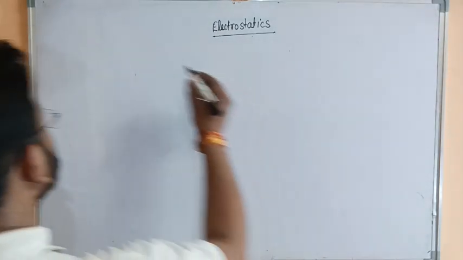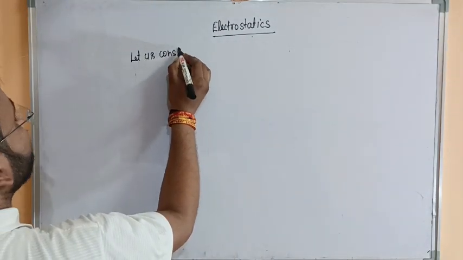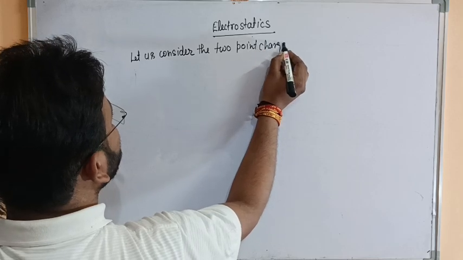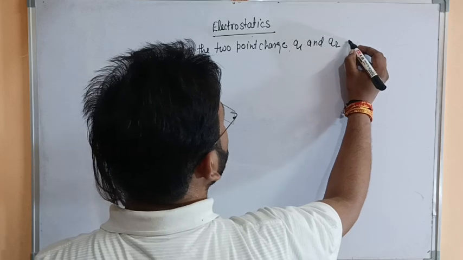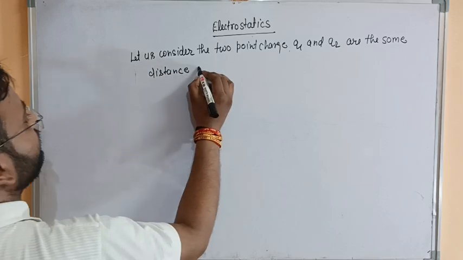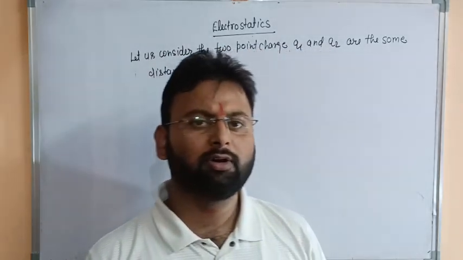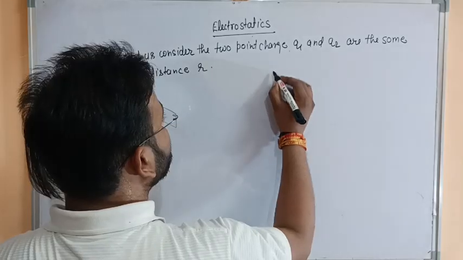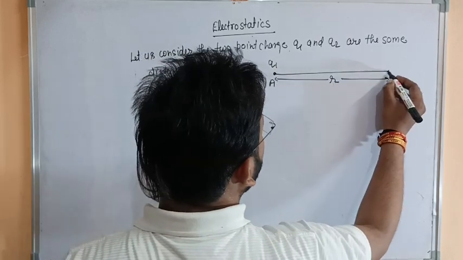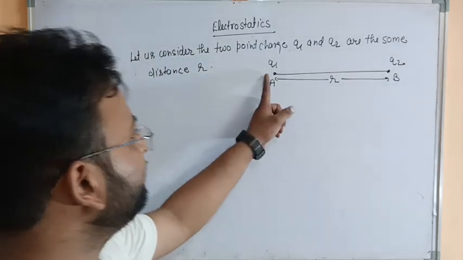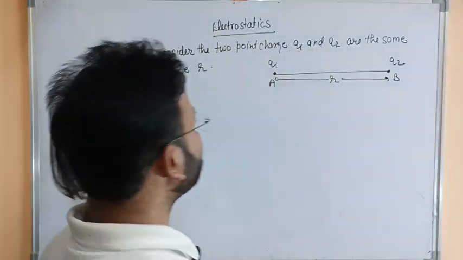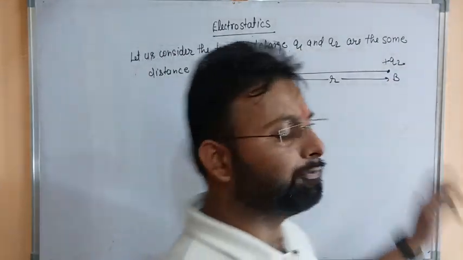Now let us consider two point charges Q1 and Q2 at some distance r. Point A has charge Q1, and at distance r, point B has charge Q2. Between these charges at distance r, an attraction or repulsion force acts. If both charges are positive, the force between them is a repulsion force.